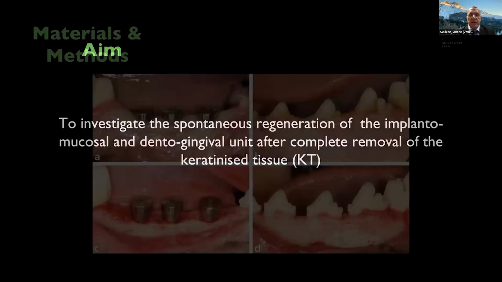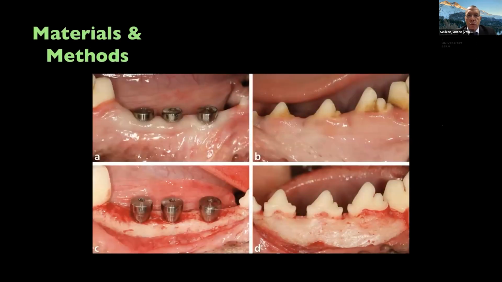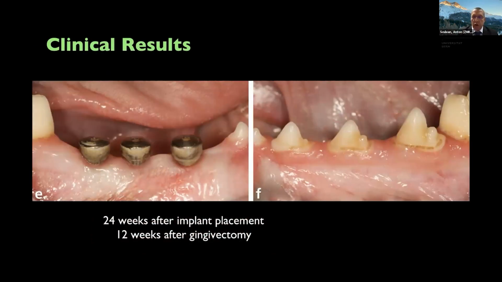So what we did is to insert implants at one part of the jaw in the animals, and the other side was the control, namely the teeth. The entire keratinized tissue was removed at both sides. Roughly 3 months later, there is the formation of a new gingiva around the tooth.